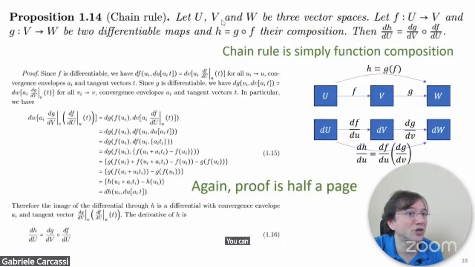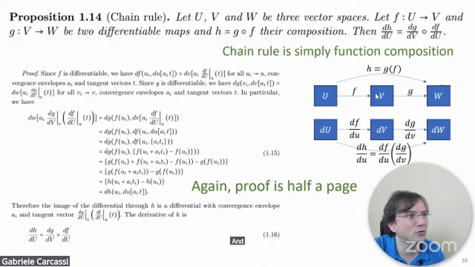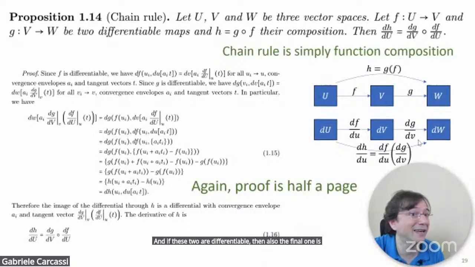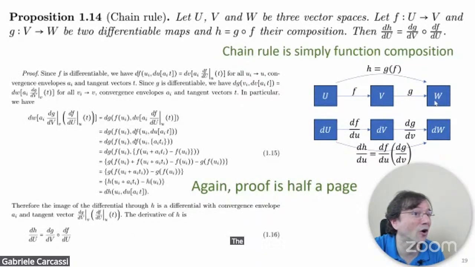You can define a chain rule, and the chain rule becomes simply a function composition. So if you're mapping from the first space to the second space to the third space, or you map directly, and if these two are differentiable, then also the final one is differentiable, and it has to be the composition of the two.